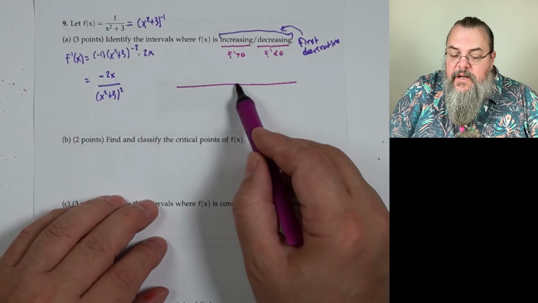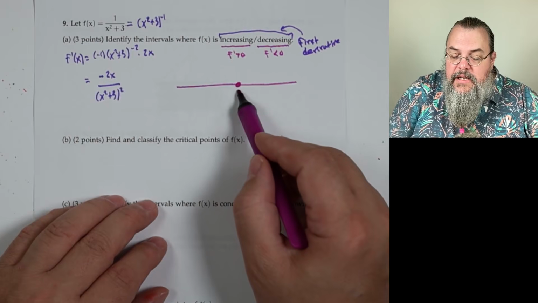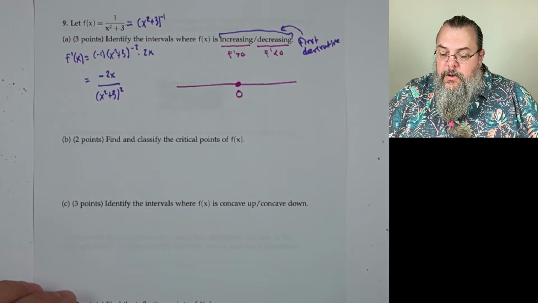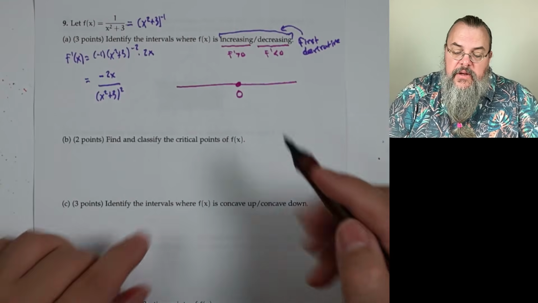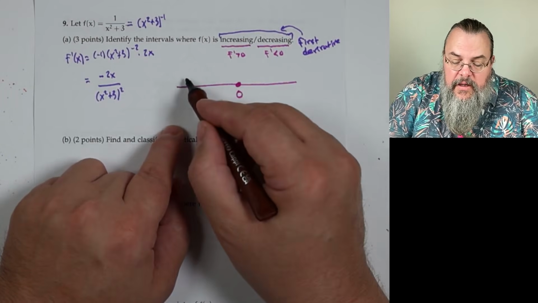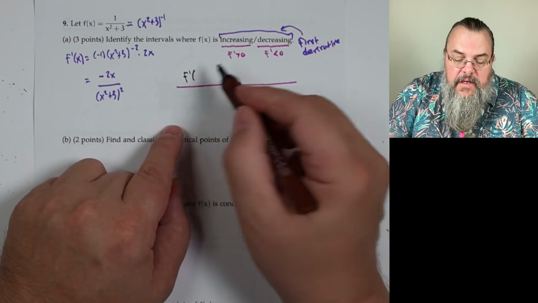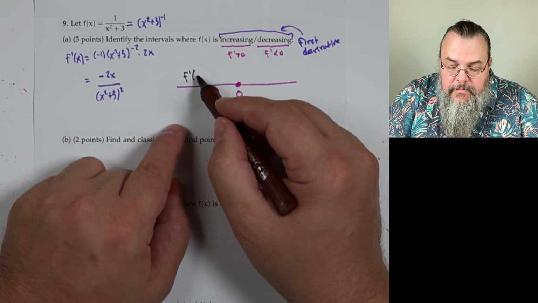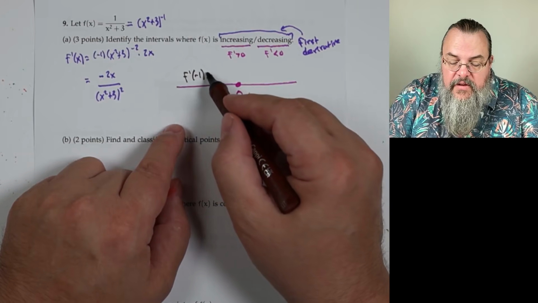So that means we're cutting our number line in half at 0. Now, we plug in something to the left of 0. Which point? Anything less than 0: minus 100, minus a million, maybe minus 1. That's pretty simple.